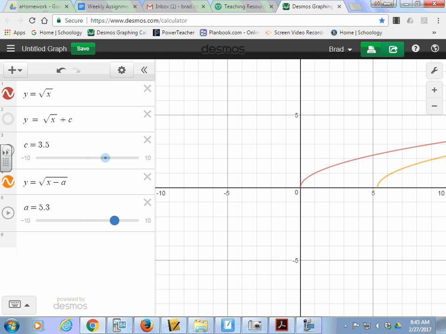The domain is changing because x is changing. So when a is 5.3, the domain is that x is greater than or equal to 5.3. If it's over here at negative 7, then the domain is that x is greater than or equal to negative 7.